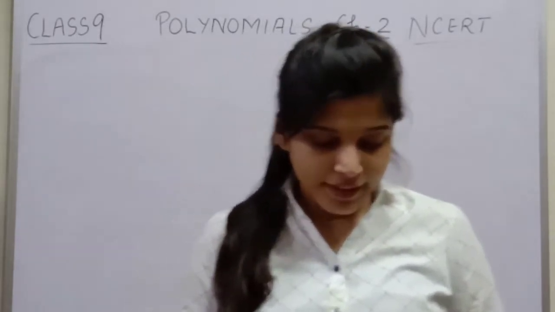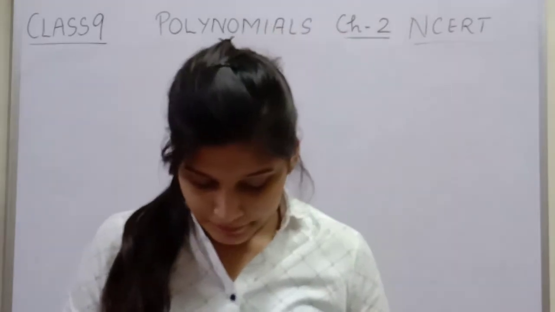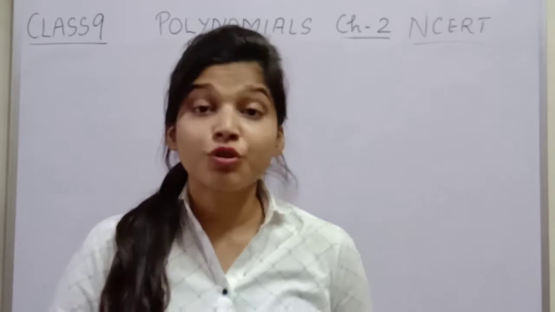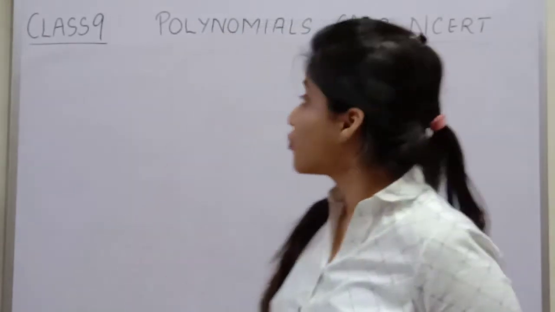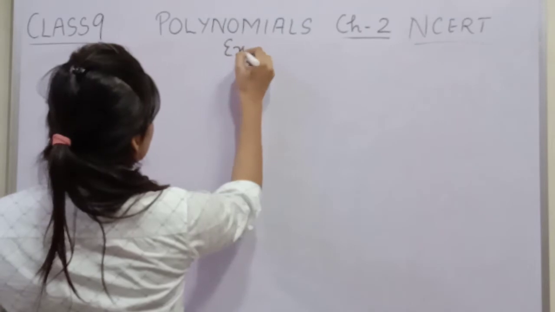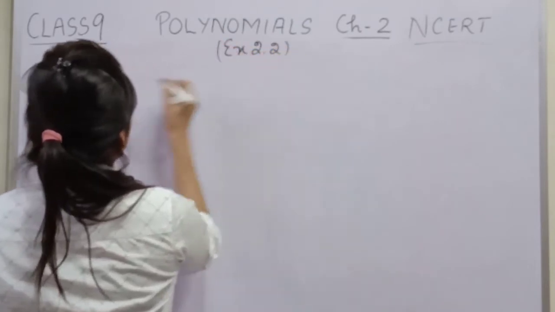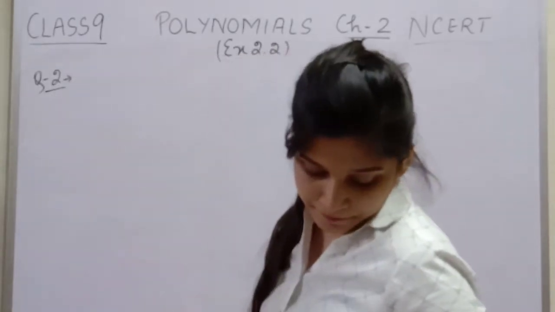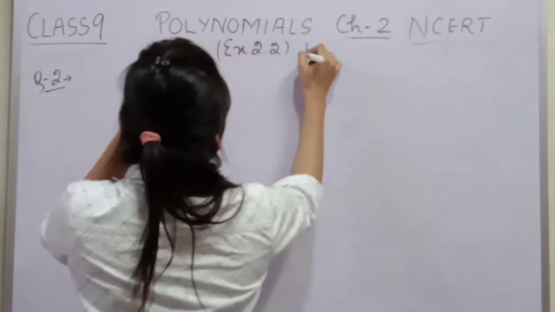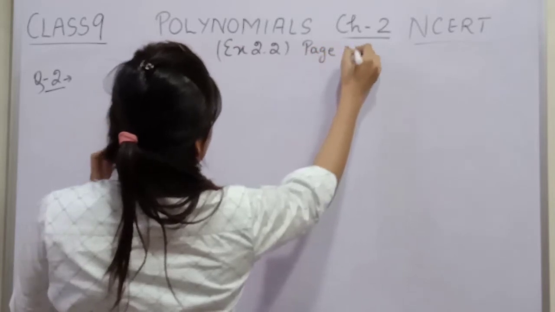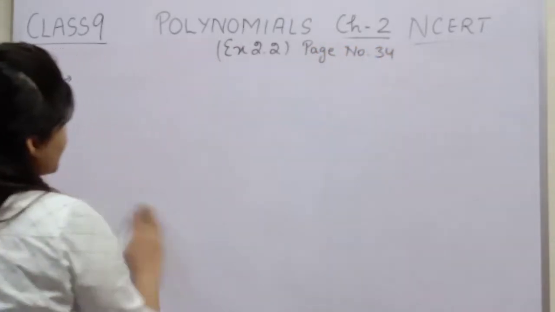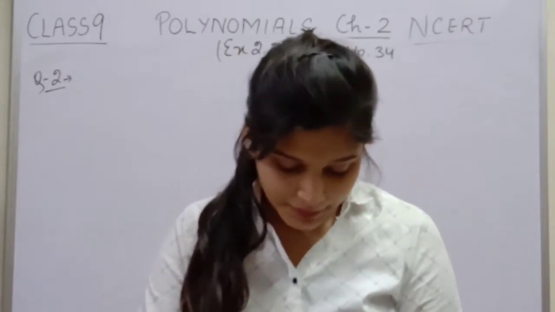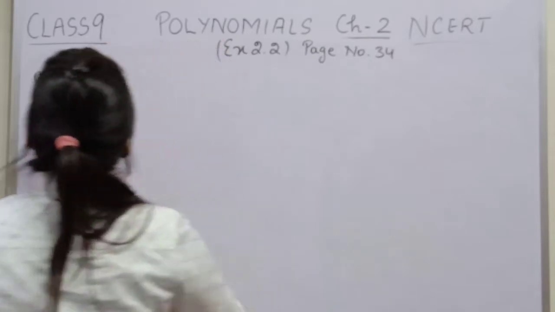In this video we'll be starting with question number 2 of exercise 2.2, which is on page number 34 of our NCERT book. Question number 2 says find P0, P1 and P2.